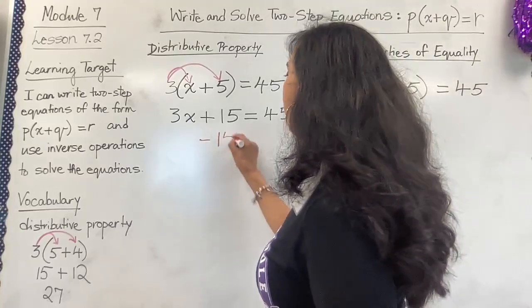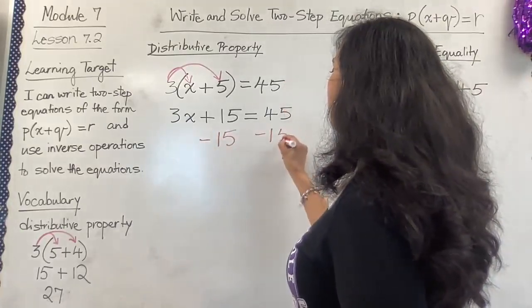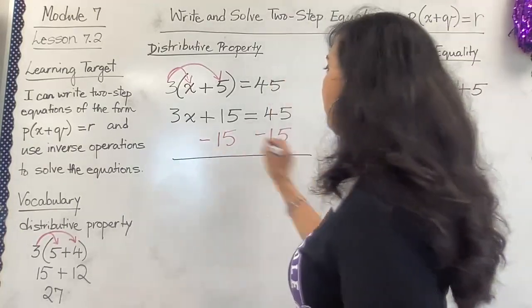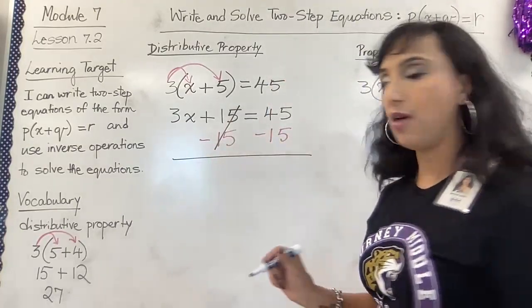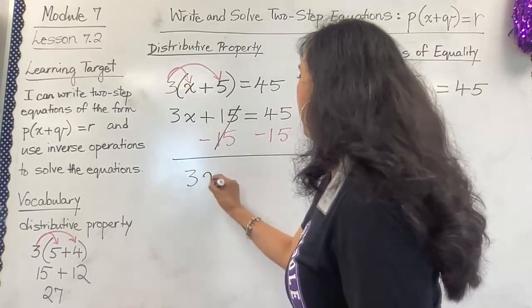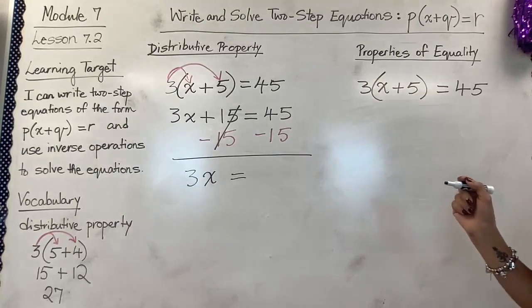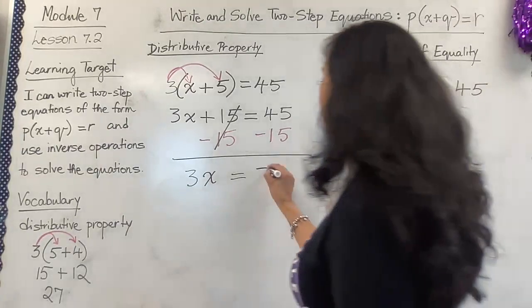So minus 15, minus 15. All right. And so 15 minus 15 is 0, and I'm left with 3x is equal to 45 minus 15, which is 30.